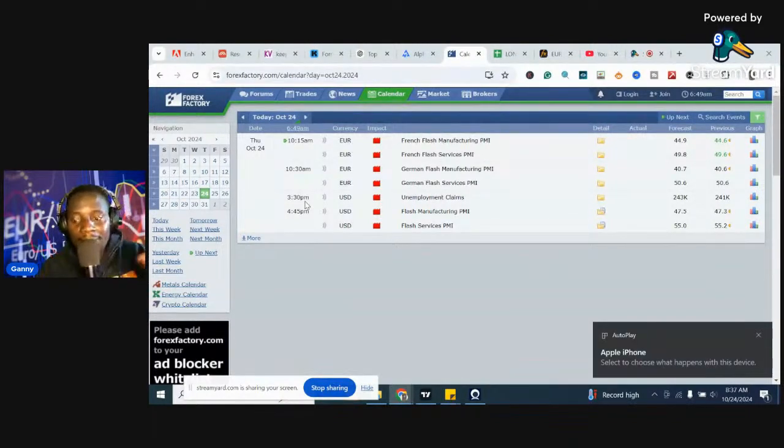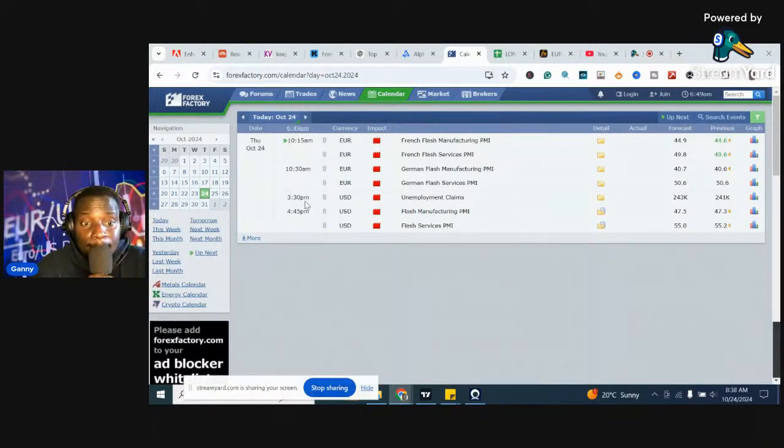If you're using New York time, that will be exactly at 8:30 a.m. New York time, and then also at 9:45 a.m. New York time, that will be the manufacturing PMI and services flash PMI. Or if you're using my local time, which is East African time, that's exactly at 4:45 p.m.